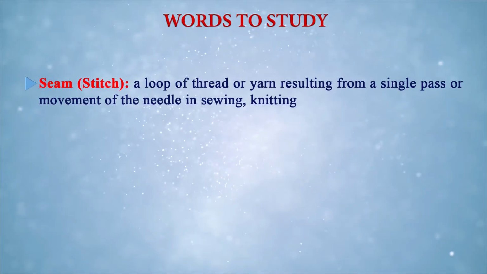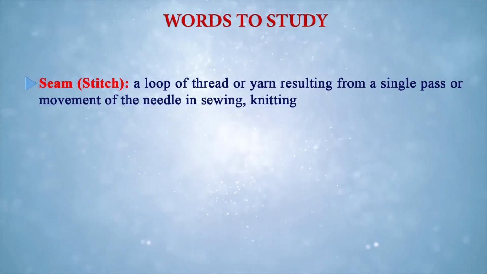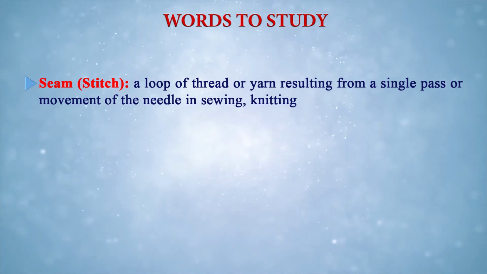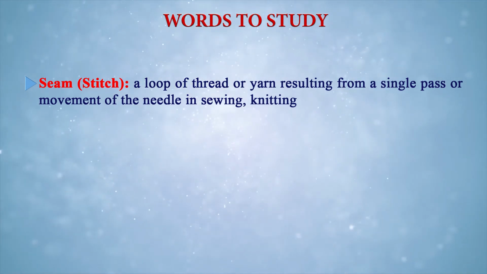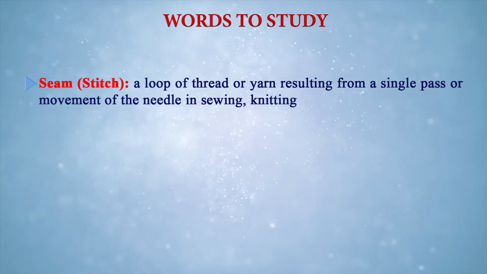Then there are some words we should know while stitching. There are two terms we generally hear: seam and stitch. A stitch is a loop of thread or yarn resulting from a single pass or movement of the needle in sewing or knitting.